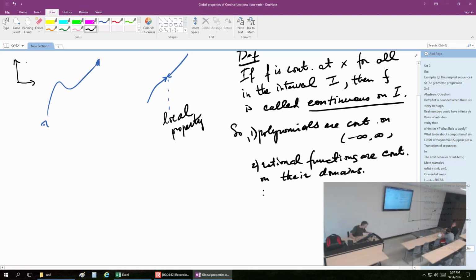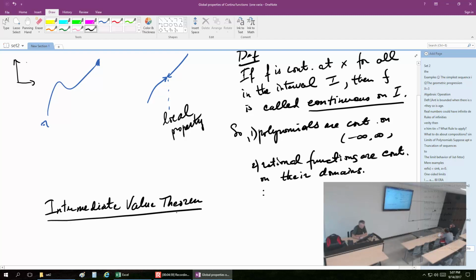Number one, let me start with the intermediate value theorem. We want to say that the relation between the continuity of the input variable and the continuity of the change of the output variable is direct.